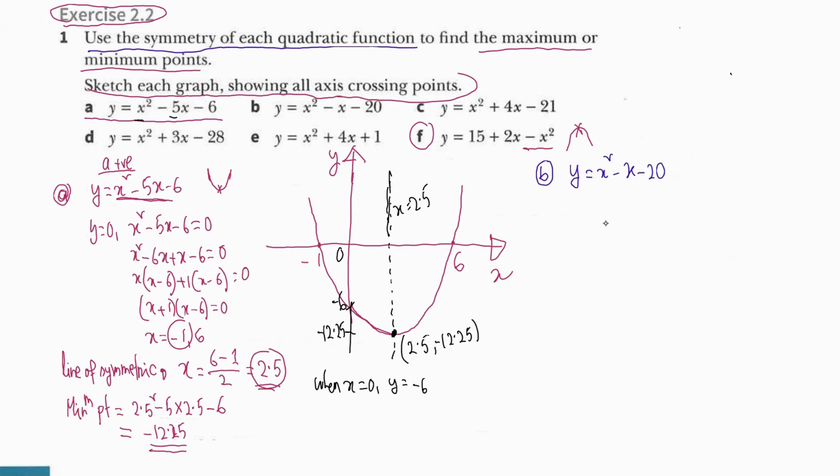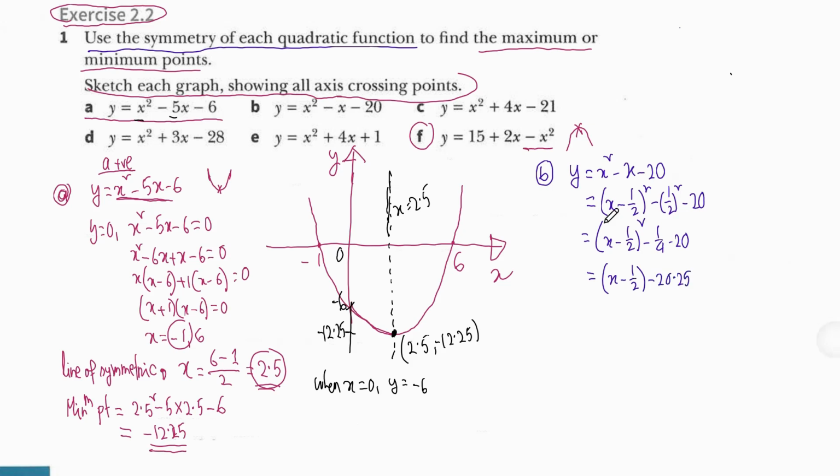If I use completing the square here, we need to write (x minus half) whole squared, minus half squared, minus 20. So (x minus half) whole squared, then minus 1/4 minus 20. So our final equation with completing the square is minus 20.25.